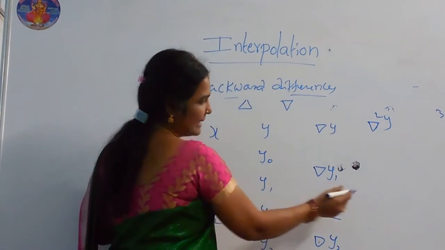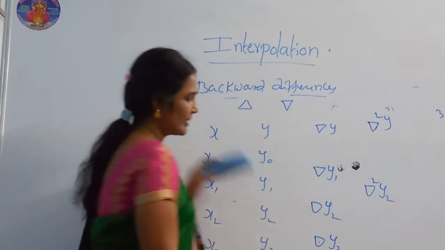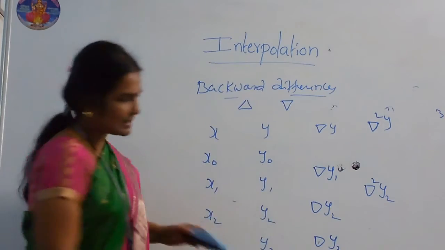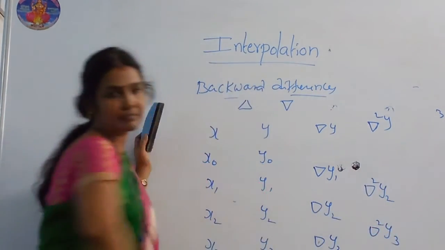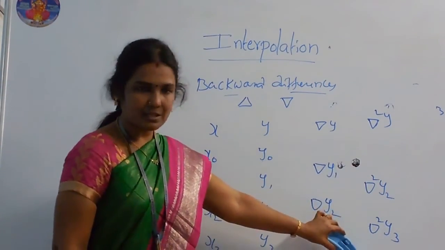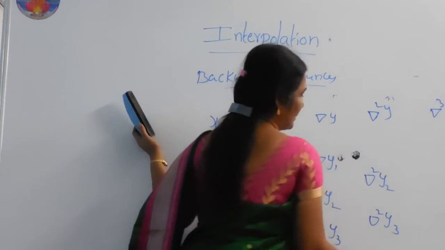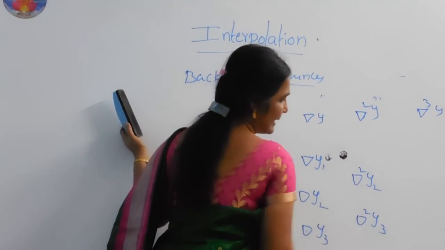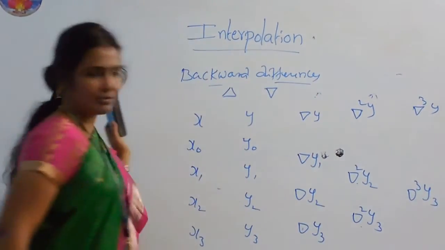Nabla y2 minus nabla y1 is nabla square y2. Nabla y3 minus nabla y2 is nabla square y3. And similarly, with these second backward differences we can form the third backward differences. Nabla square y3 minus nabla square y2 is nabla cube y3.